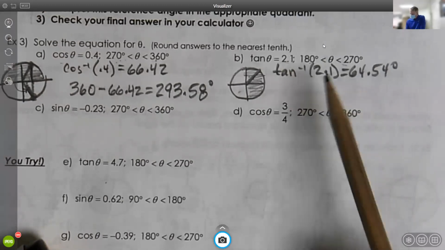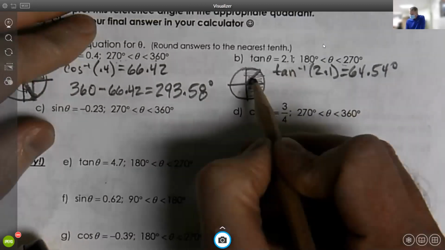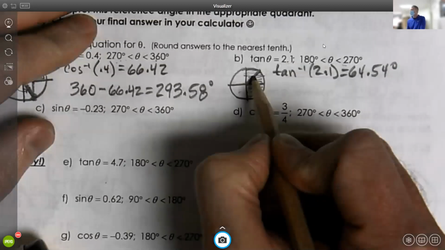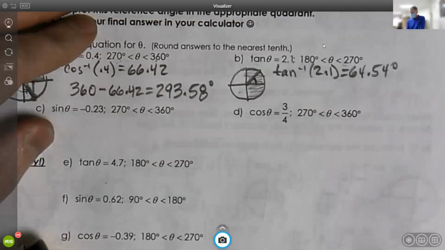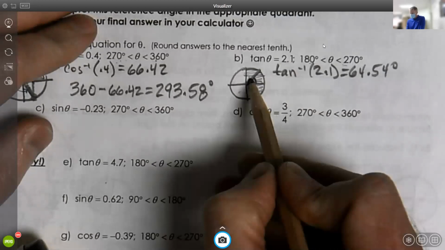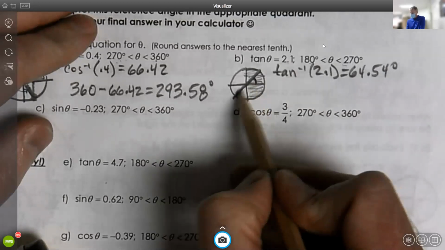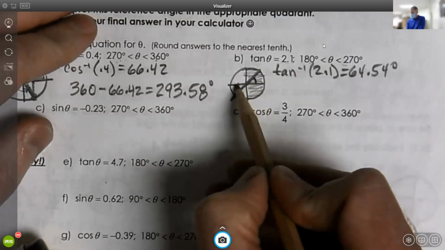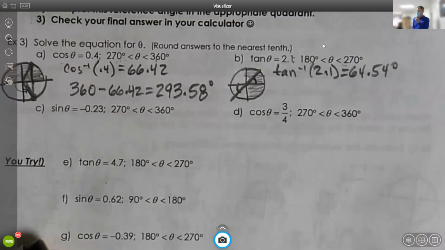So for us, we need to look at this reference angle right there. That's a 64-degree angle. So we're going to go all the way to 180, and we are going to go that same reference angle past 180.